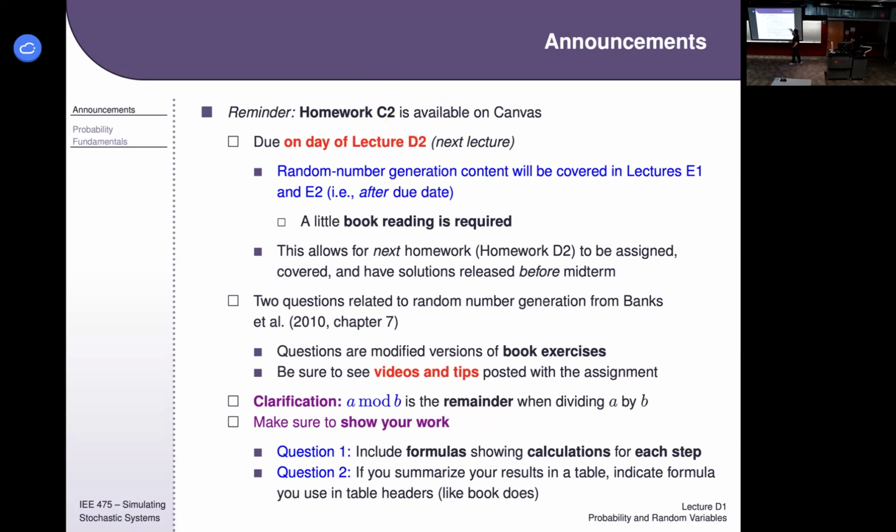Technically we don't cover random number generation until unit E, which is right after this probabilistic unit. But in order to make sure you get practice on both random number generation and random variate generation, two things we need in the midterm, we compressed homework C2. That's primarily because random number generation is such a formulaic plug and chug thing, and it tells you exactly where to look in the book to plug that in.